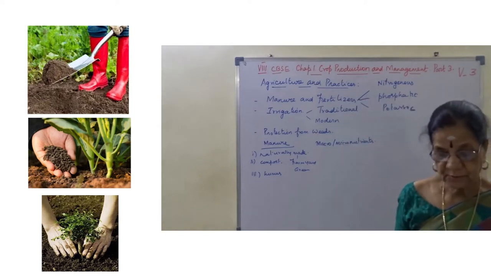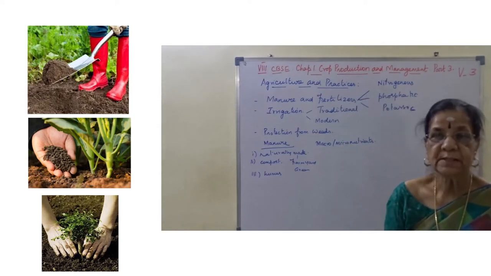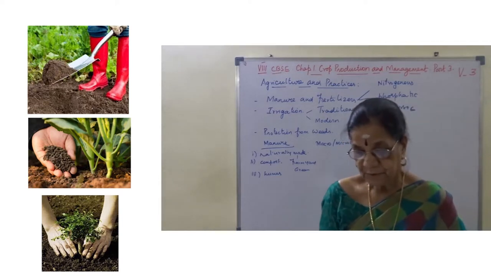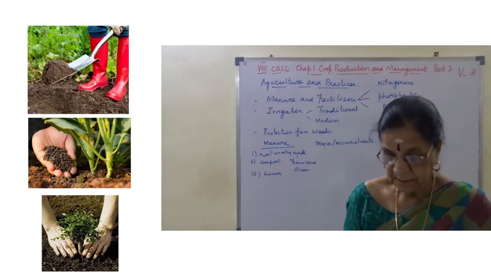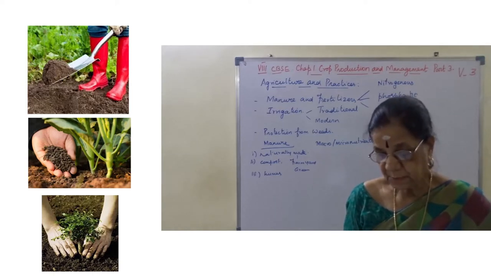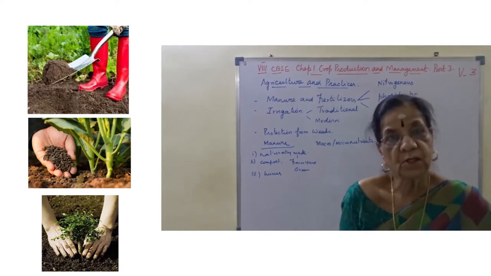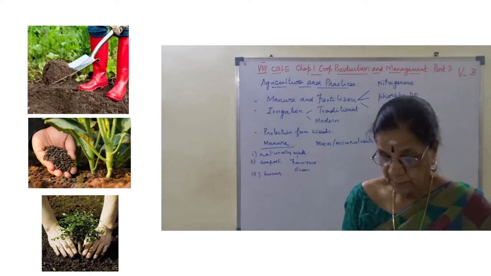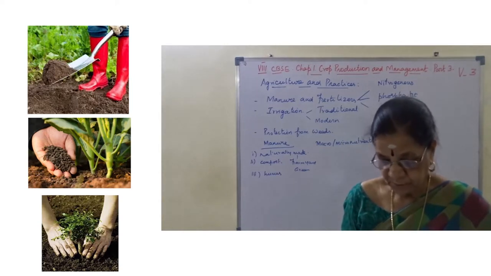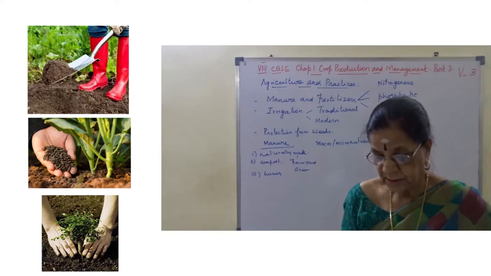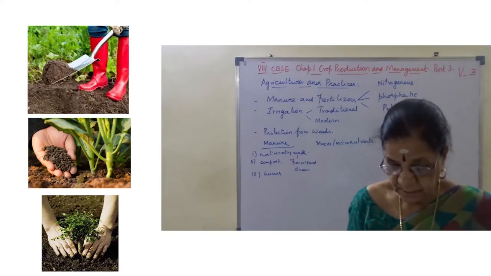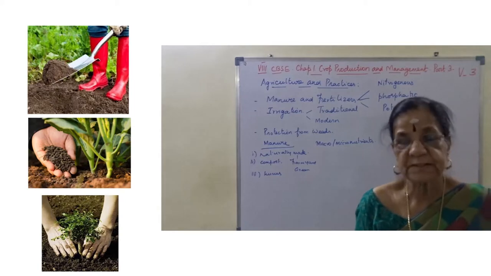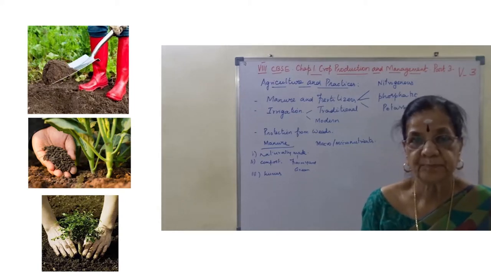Then here, fertilizers are chemical substances which are rich in a particular nutrient. And fertilizers are produced in factories or industry, we say. Examples: urea, ammonium sulfate, superphosphate, potash and NPK. NPK means nitrogen, phosphorus and potassium.